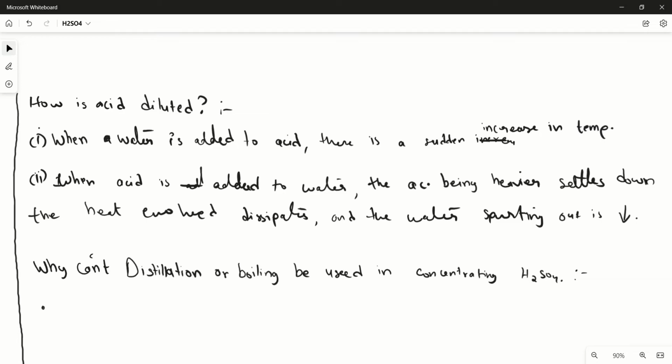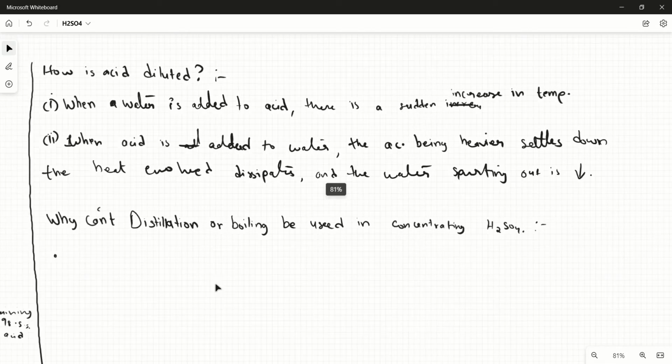Hence, on boiling, the mixture evolves vapors of both acid and water in the same proportion as the liquid in the mixture. So that's why distillation or boiling can't really be used. Let me write down the whole meaning.